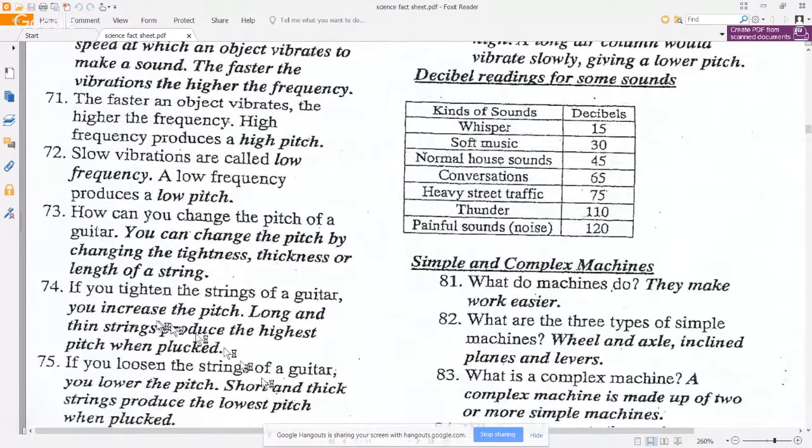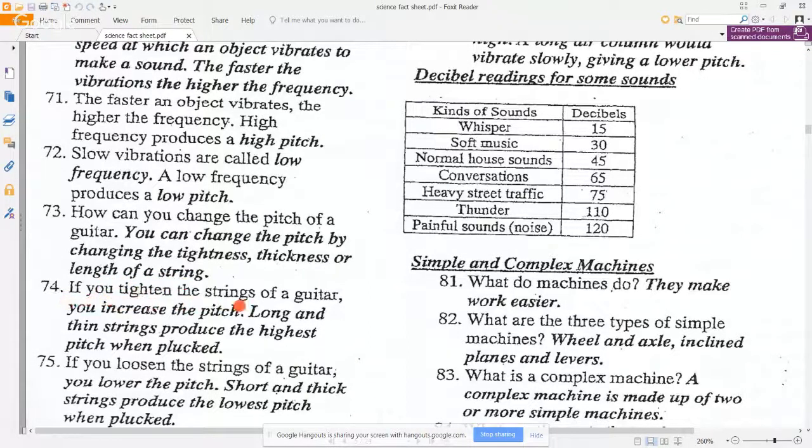So, if that is true, then slow vibrations are called low frequency. A low frequency produces a low pitch. 73. How can you change the pitch of a guitar? Well, you can change the pitch by changing the tightness or the thickness or the length of a string.